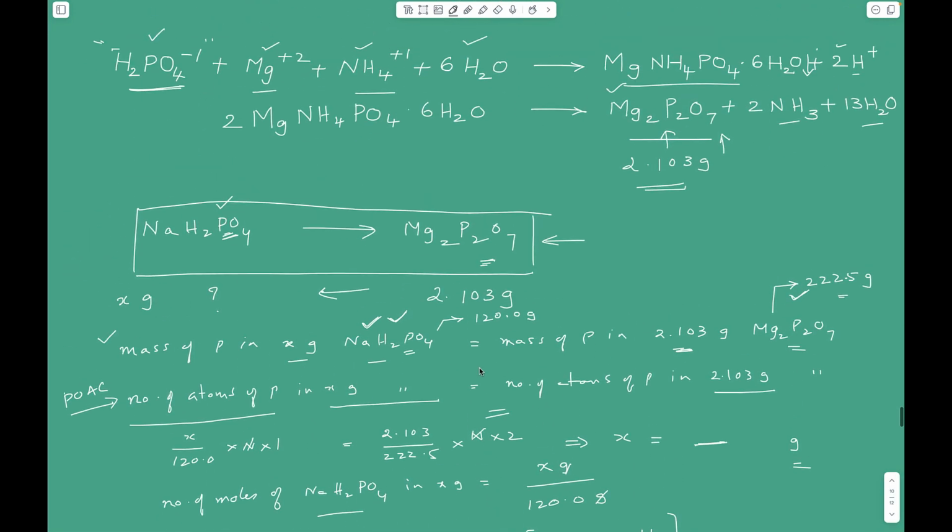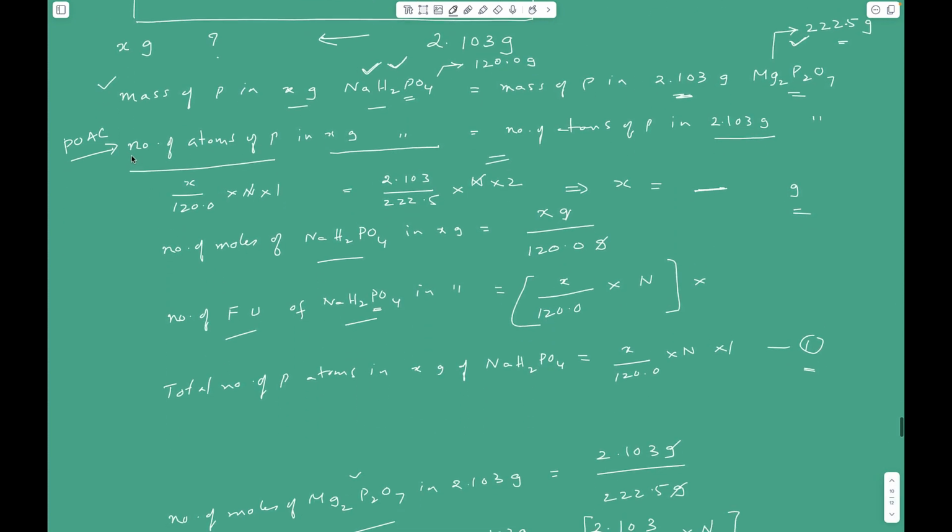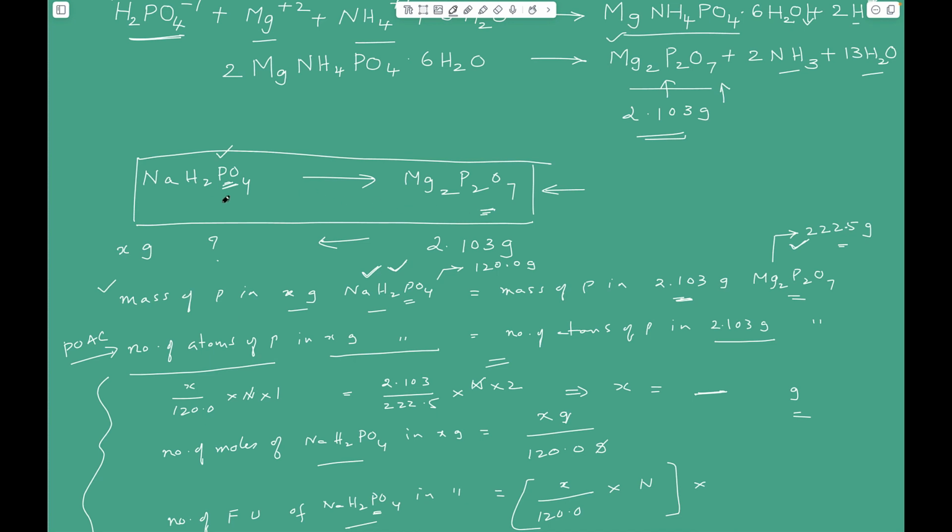Though we did not balance the equation by putting some coefficients here, we are actually doing the same here. So without putting the coefficients, we are balancing only the part of the reaction that we are interested in.